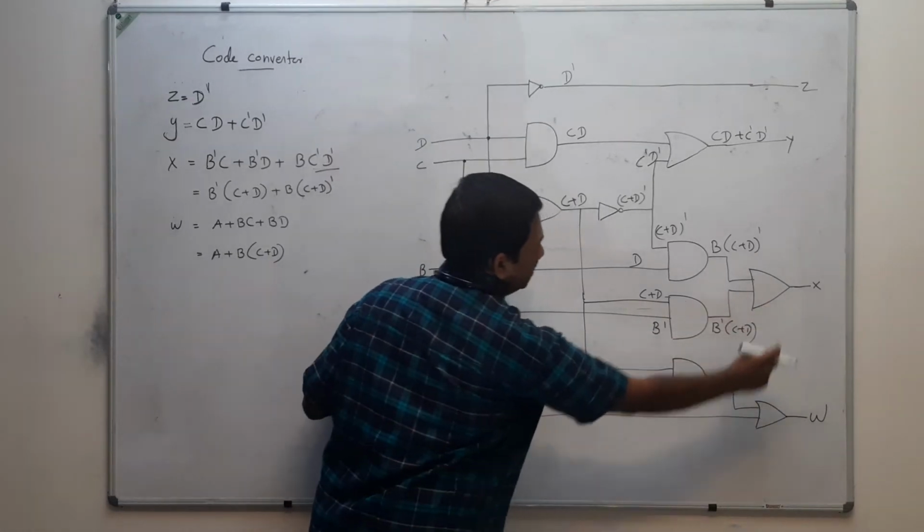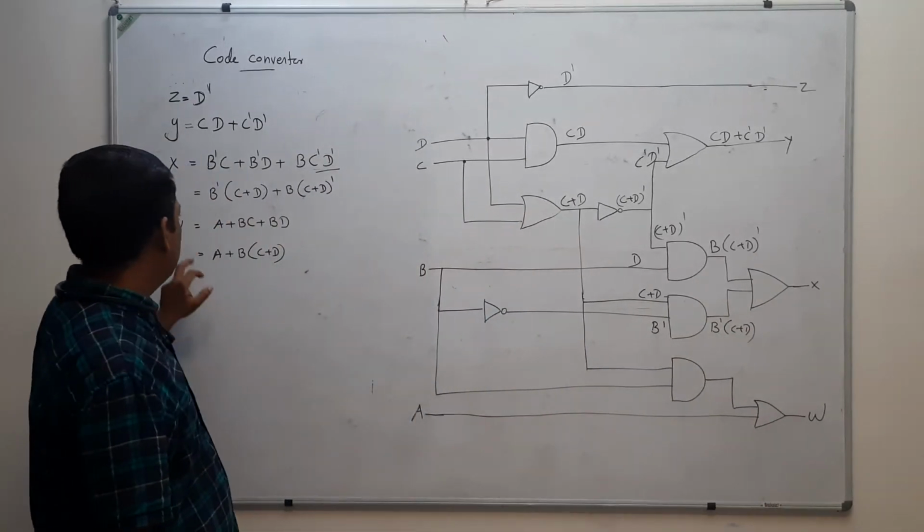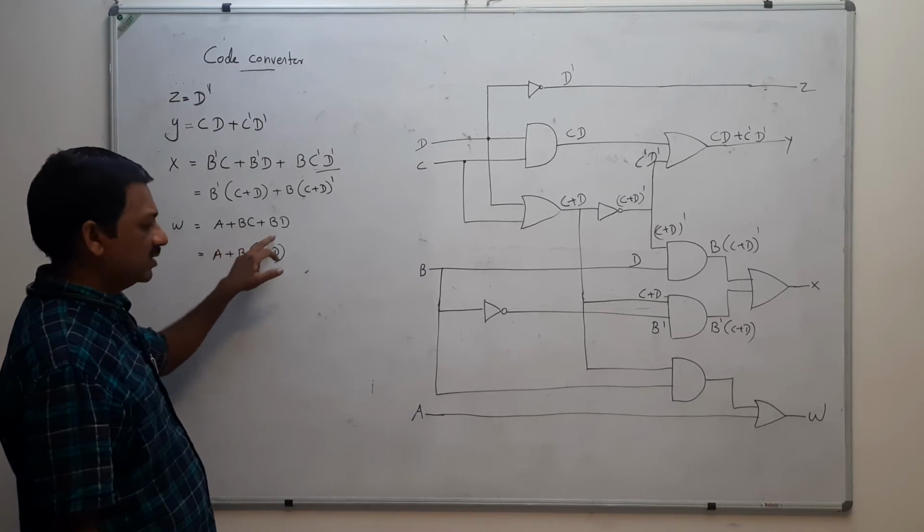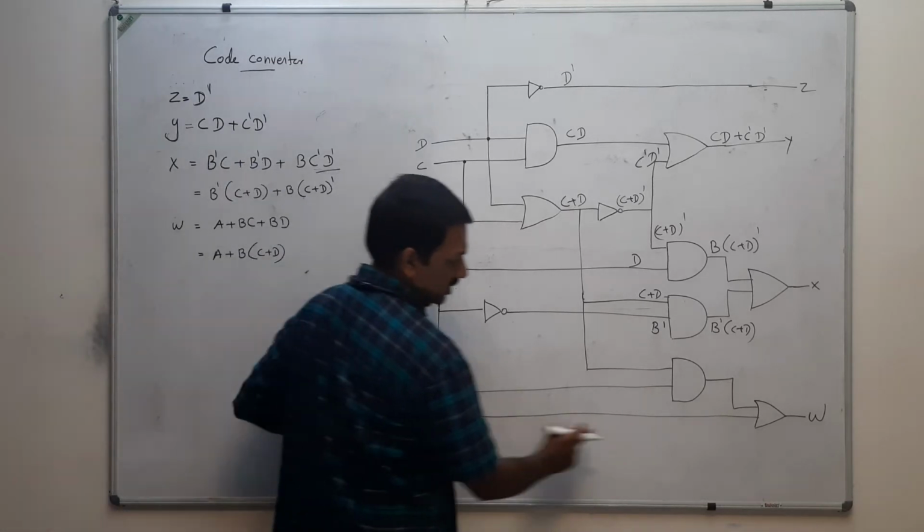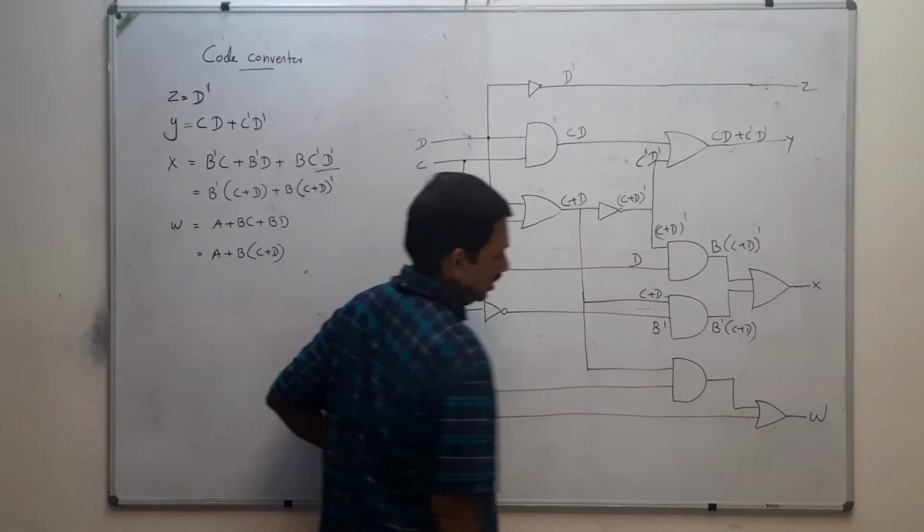That is X. And what about W? A into BC plus BD. That means A, you are directly providing A here.